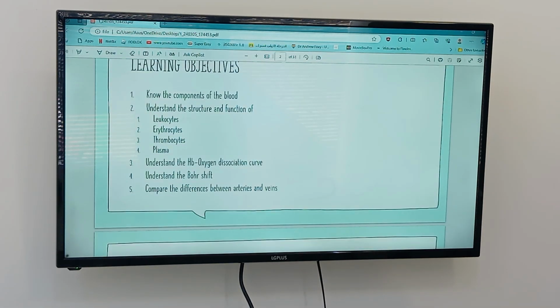We can talk about the components of the blood and understand the structure and function, such as leukocytes, erythrocytes, thrombocytes, plasma. And we will talk about our understanding of hemoglobin, the oxygen dissociation curve, and the Bohr shift, and compare the differences between arteries and veins.